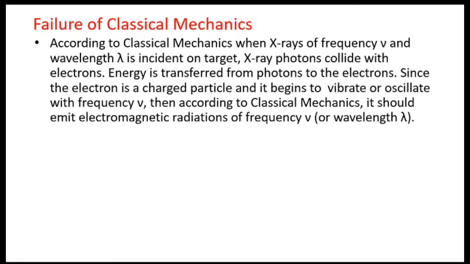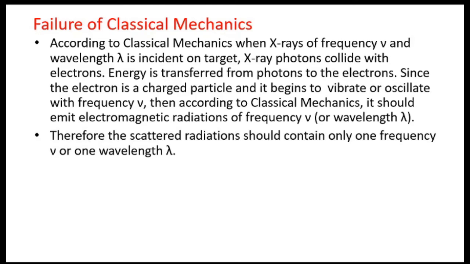Now, classical mechanics failed to explain the phenomena of Compton effect. According to classical mechanics, the scattered radiation should consist of only one wavelength. There should not be two wavelengths.